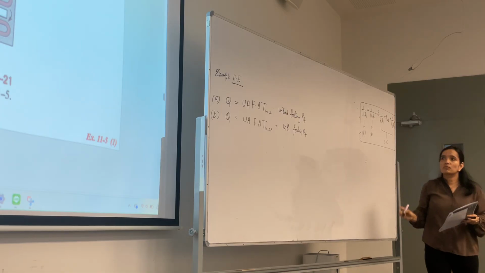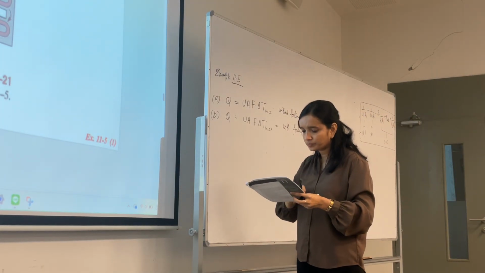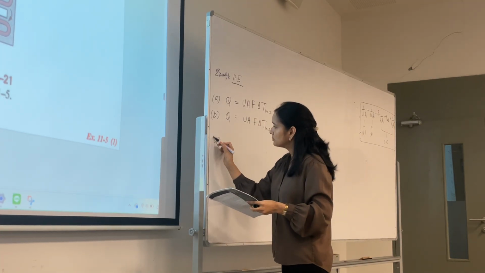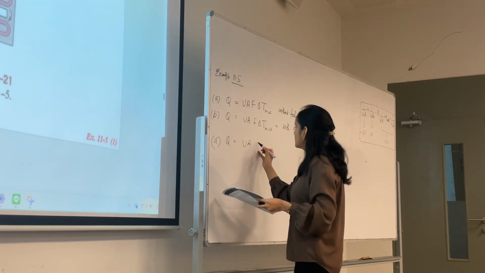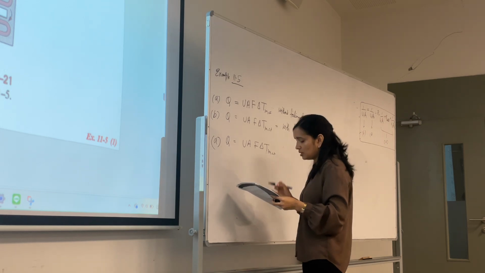If you remember, right? From example 1. Okay. So let's calculate part A, which is Q equals U A F delta T LM.